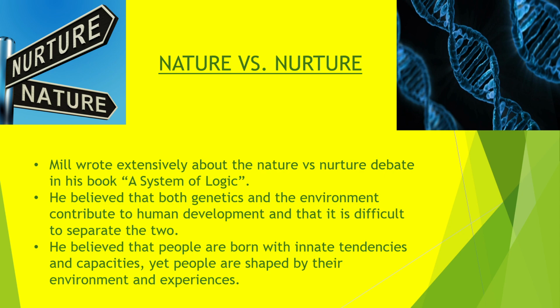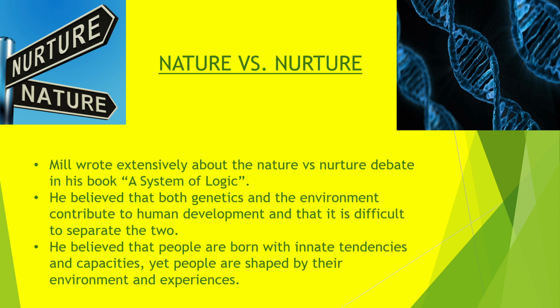And then in terms of what Mill thought, in his System of Logic book that we discussed in the previous slide, he talked a lot about this. He believed that both genetics and the environment contribute to human development, and that it is difficult to separate the two. He believed that people are born with innate tendencies and capacities, yet people are shaped by their environment and experience. Again, what he believed was a little bit of both.